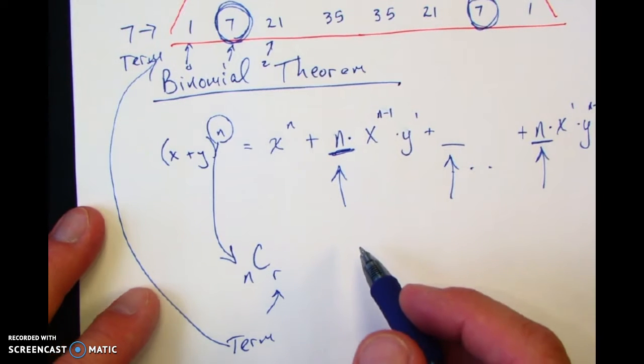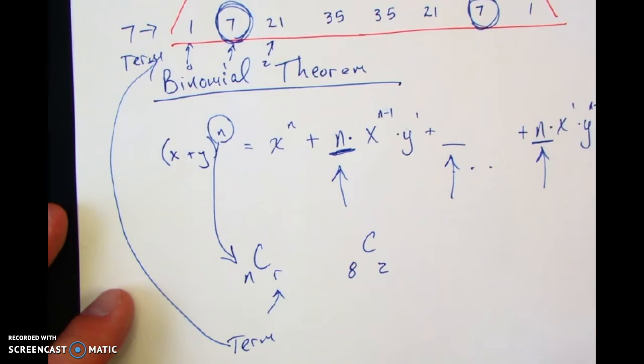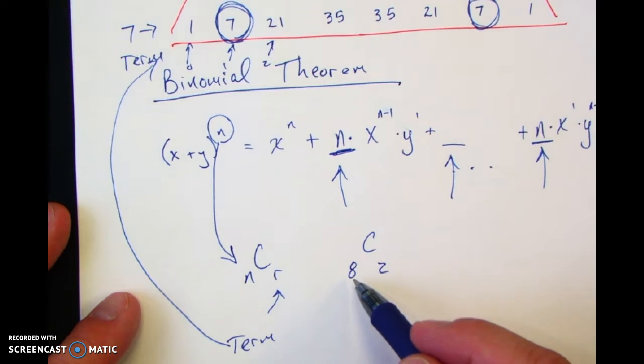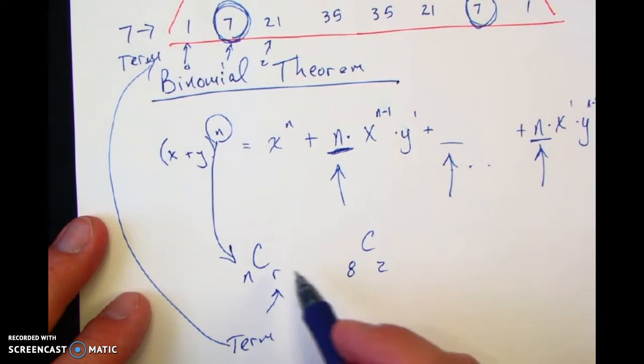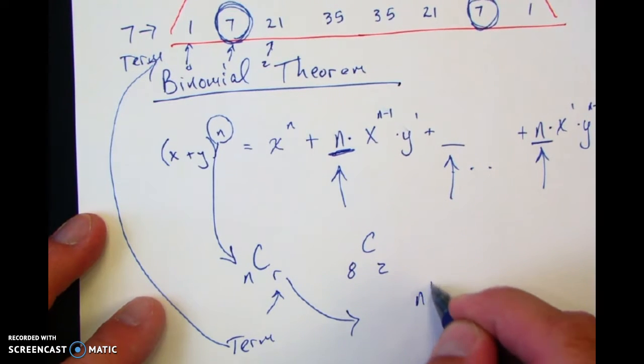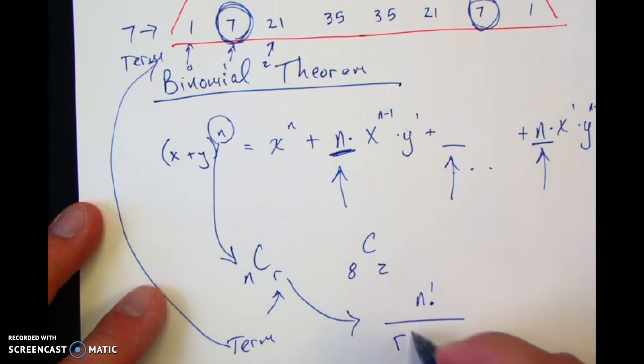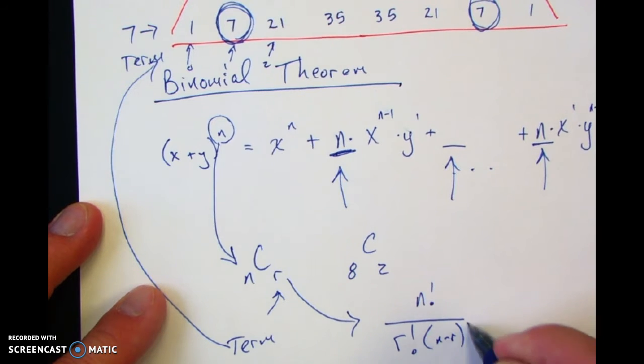So for example, if we have our combination of 8 choose 2. Now the way that we can also think of this is n factorial divided by r factorial times n minus r factorial.